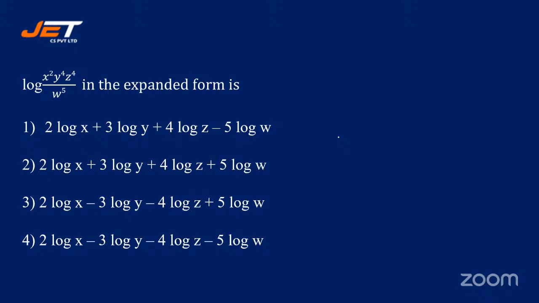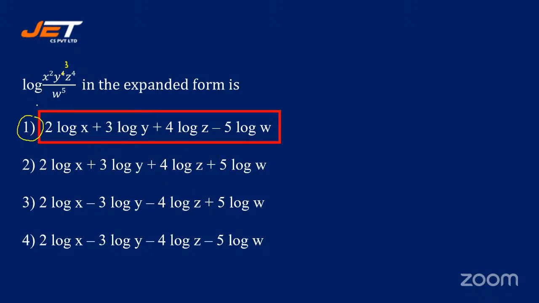And by log w to the power 5, you can write it as minus 5 log w. Okay, so here there is one small correction in the question. This should be 3. So x square y cube z power 4. So 2 log x plus 3 log y plus 4 log z minus 5 log w. So option 1 must be the correct answer. All right. Yes. See the next question.